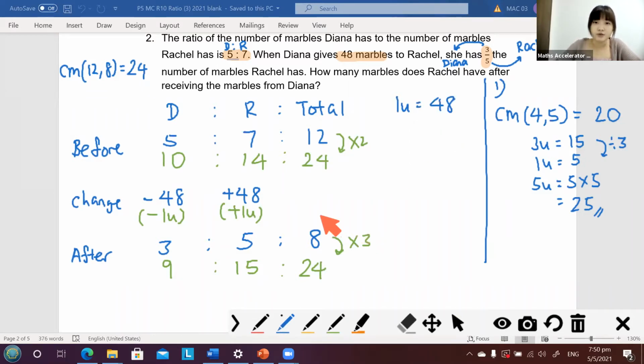Then let's read the question. How many marbles does Rachel have after receiving the marbles from Diana? So we're talking about Rachel after receiving. So is it 5 units or 15 units we're looking at? Can you type in the chat? Is it 5 units or 15 units we're looking at?